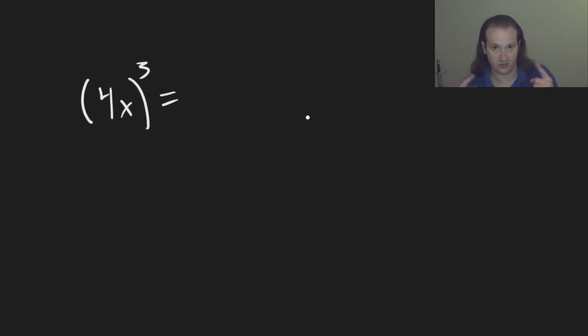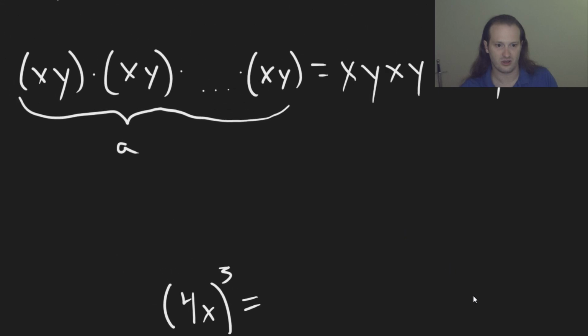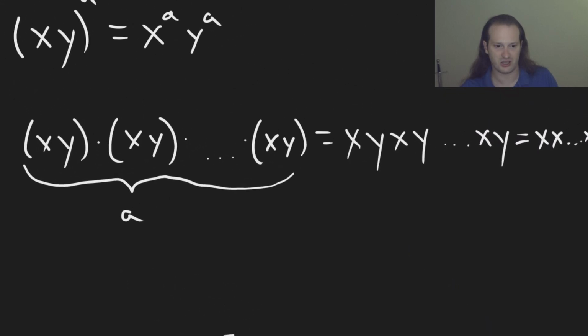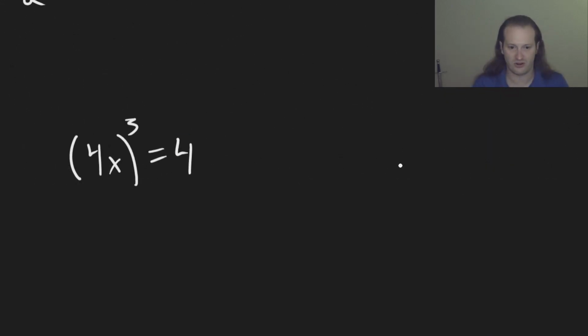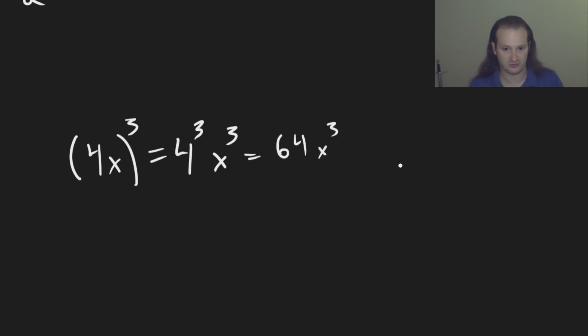By the shortcut we just learned, power of a product, 4 to the third x to the third, which means we have 64x to the third.